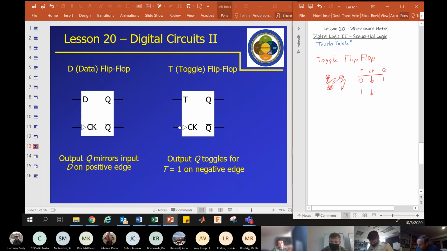And if T was 1 and we get a negative clock pulse, it'll be 0. If we don't have a clock pulse, it doesn't matter. Q will just be whatever the previous Q was.